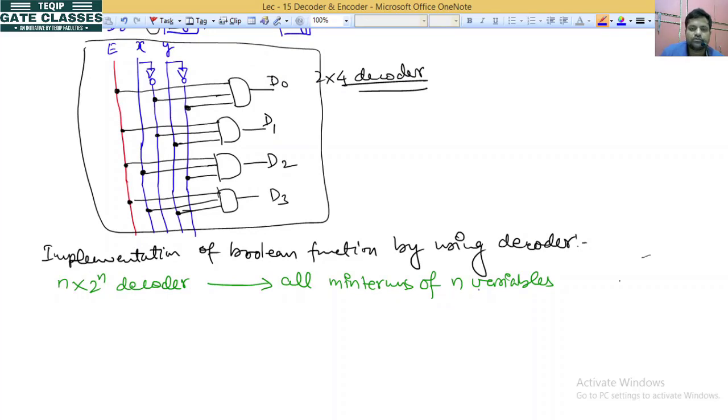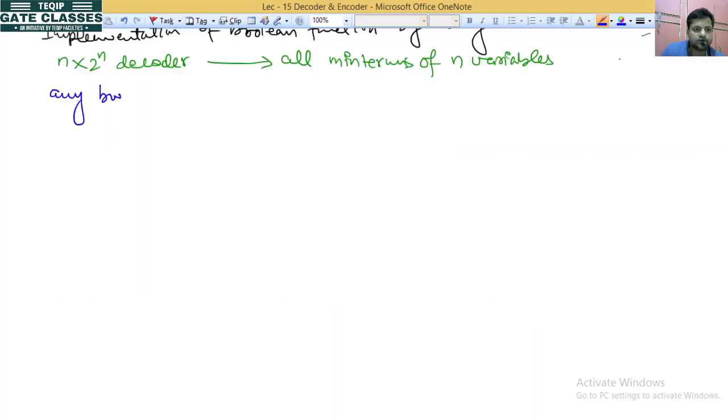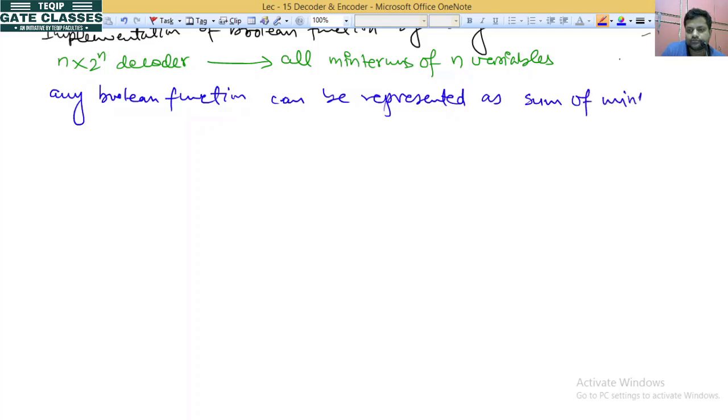Now if you want to implement a Boolean function by a decoder, you can easily do it by adding one OR gate with the decoder. Any Boolean function can be represented as a sum of minterms.